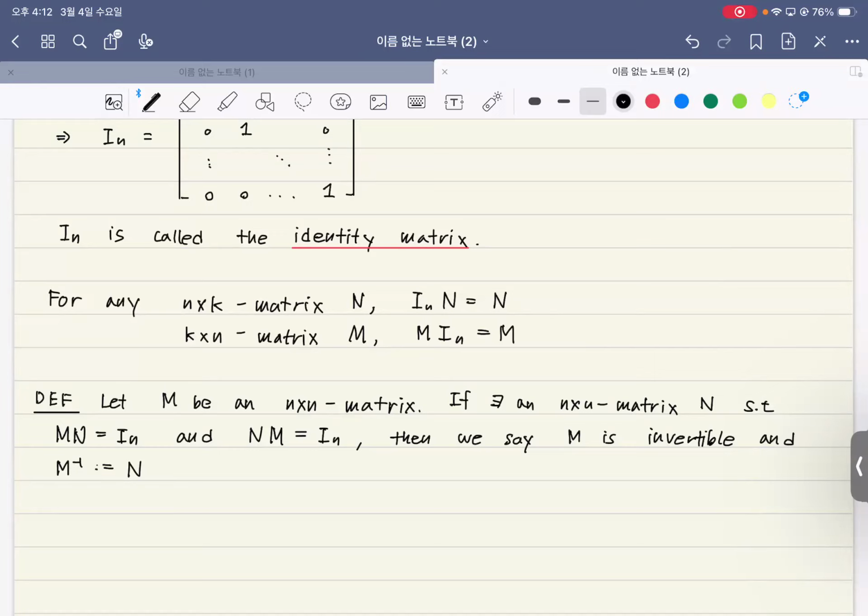This guy is called the inverse of M. So this is the inverse matrix.